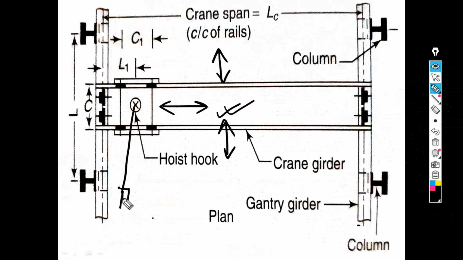The hook is here. These are the wheels of the trolley. The distance between the wheels is called C1. These at the ends are the crane rails. These are the gantry girders from the top.